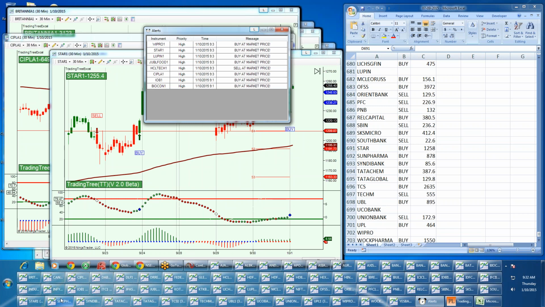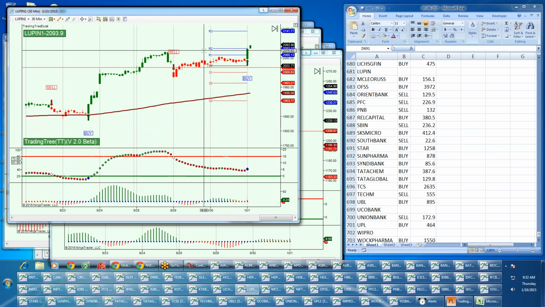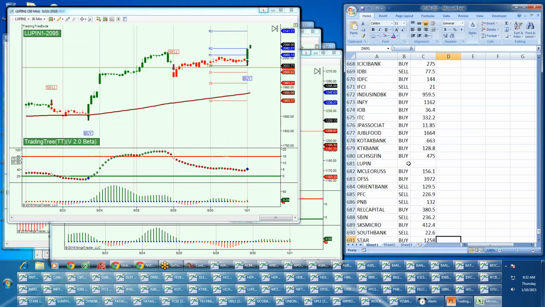Lupin, so Lupin you can buy even now, 2093. So my first target for Lupin will be this R3 level.